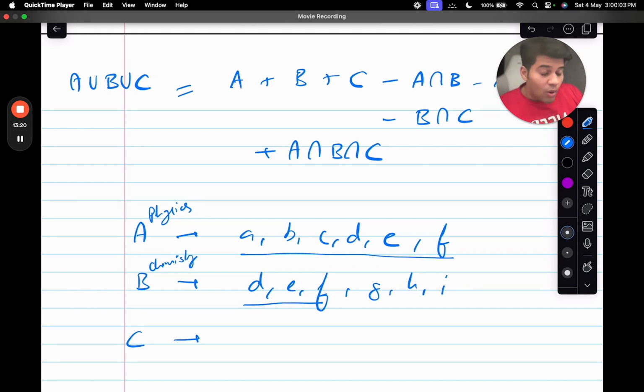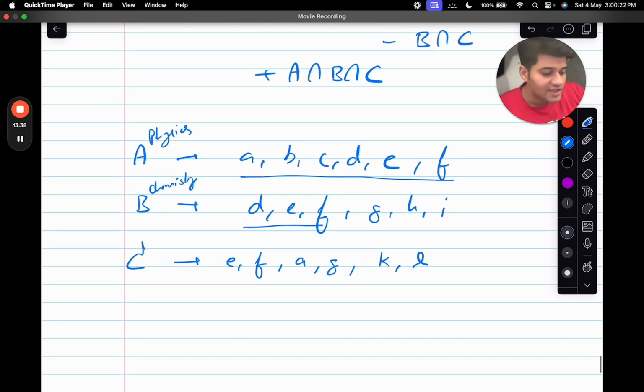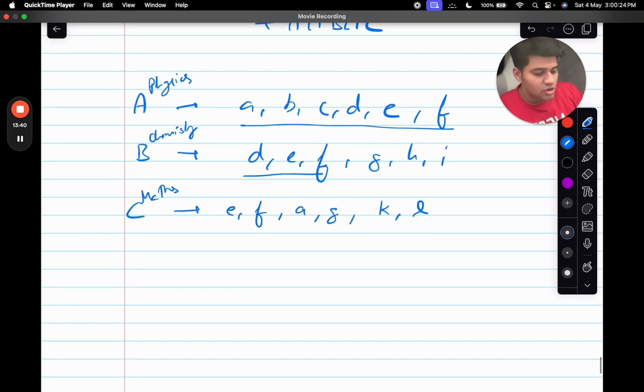Okay. Now in C, I would pick E and F, and A, and let us say G and I, J, K, L. So let us try to draw this now in diagrams. Okay, so this is A. So I will have to write A, B, C, D, E, F here.